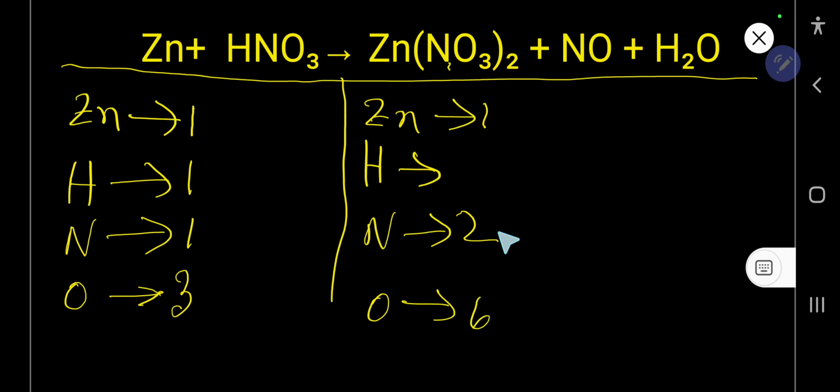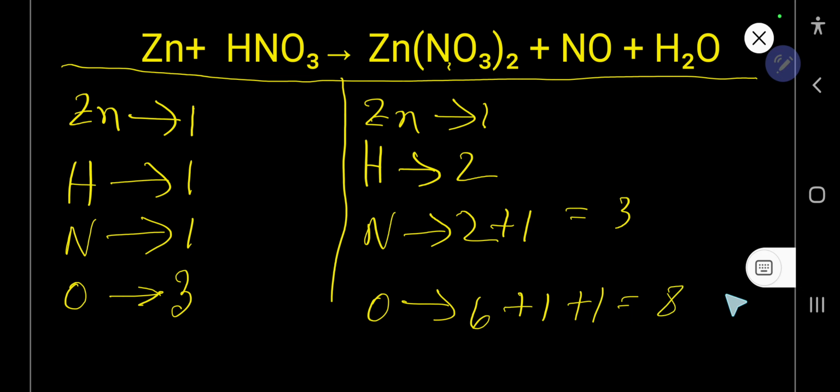Then here we have 1 more nitrogen, and then we have 1 more oxygen, and here we have 2 hydrogen and 1 more oxygen. So basically we have here 3 nitrogen and oxygen 8.